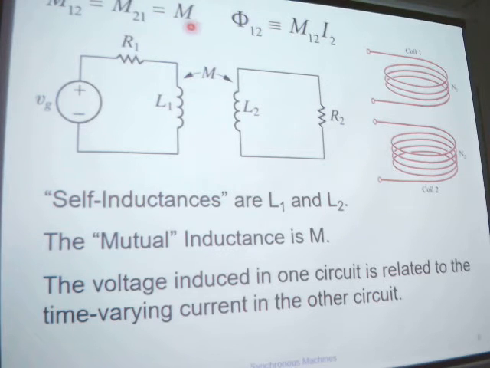The mutual inductance can be M12 or M21, and the two are equal. We call L1 and L2 the self-inductance, and M between them is the mutual inductance.